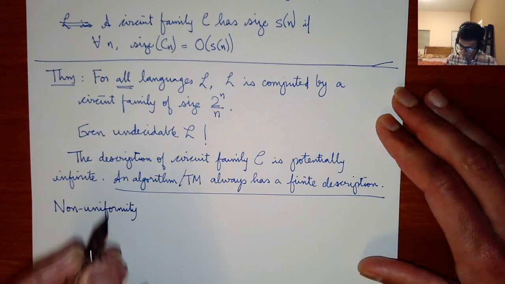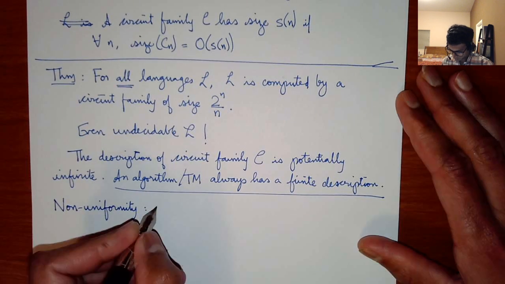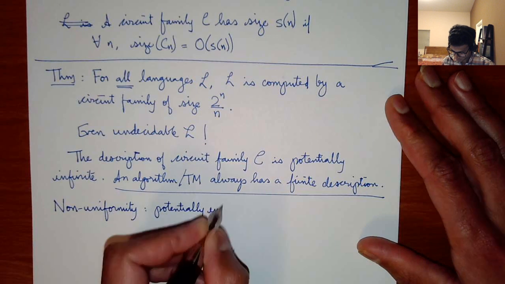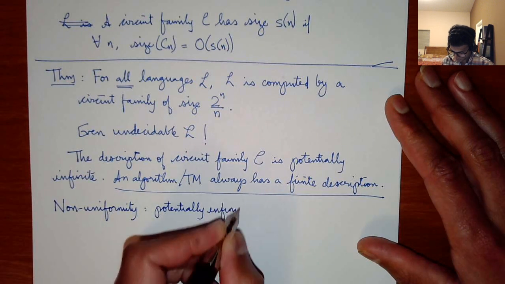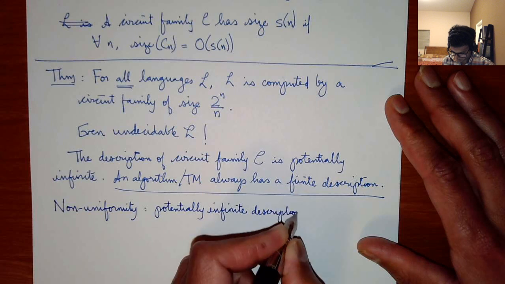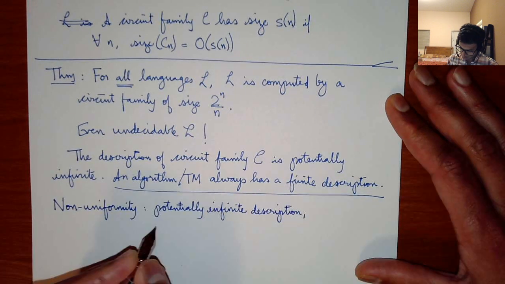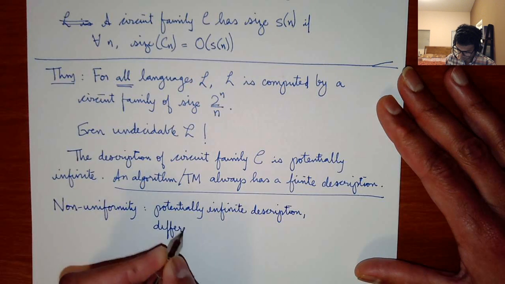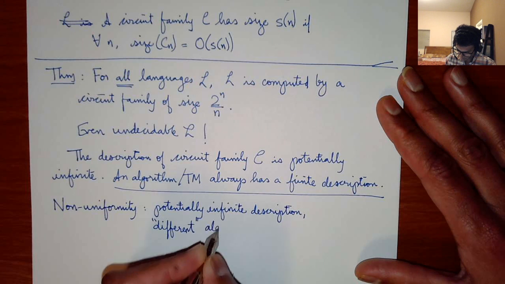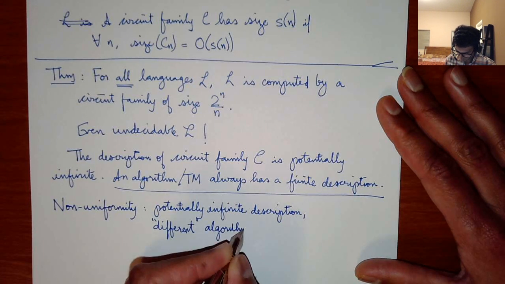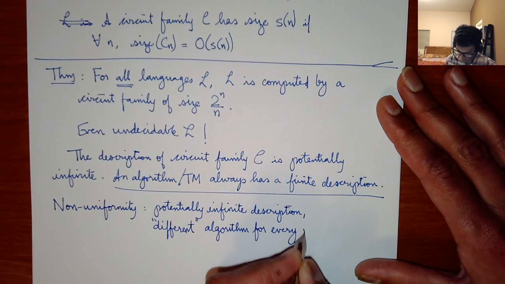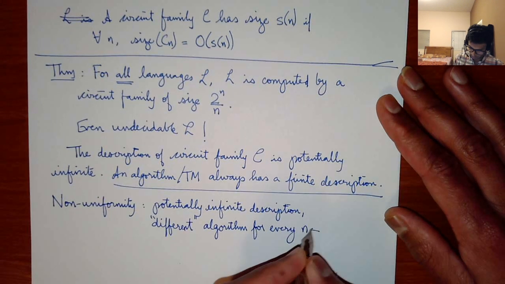What non-uniformity means is basically a potentially infinite description, or another way to think of it as a different algorithm for every n, where n is the input size.